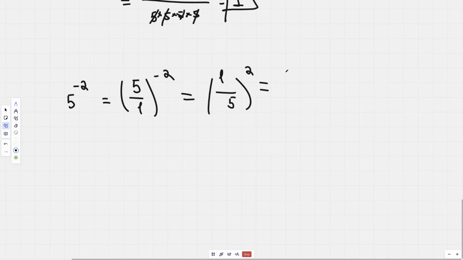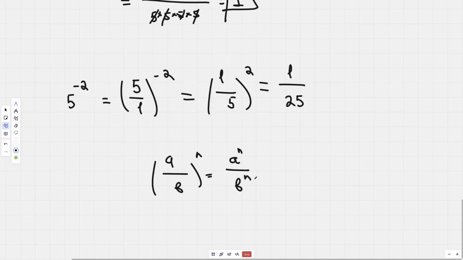And this is equal to 1 over 25, because (a over b) to the power of n is equal to a to the power of n divided by b to the power of n. And 1 to the power of 2 is equal to 1. In any case, the 1 will not change because of any power, and 5 itself, 5 multiplied by 5 because it's squared, is equal to 25. So this is the final answer.